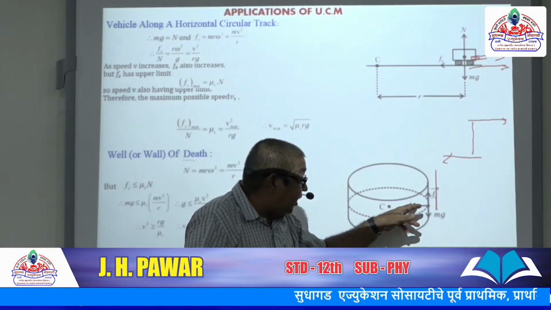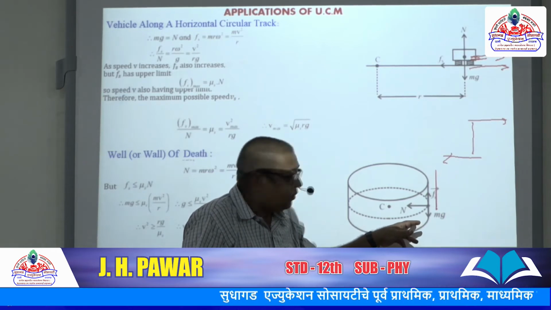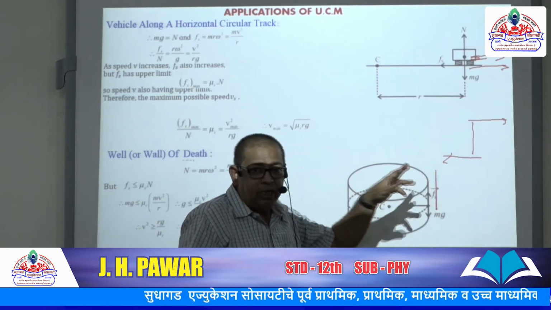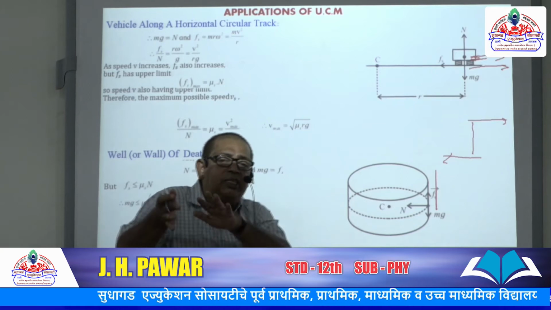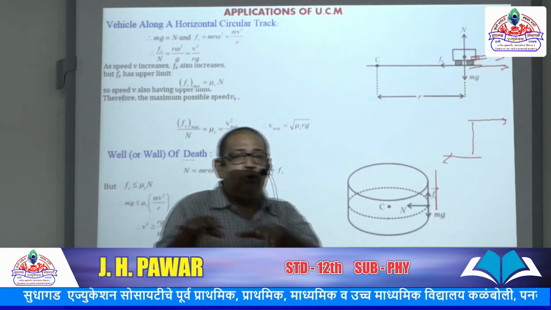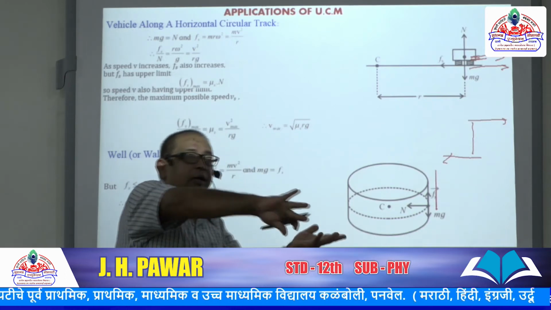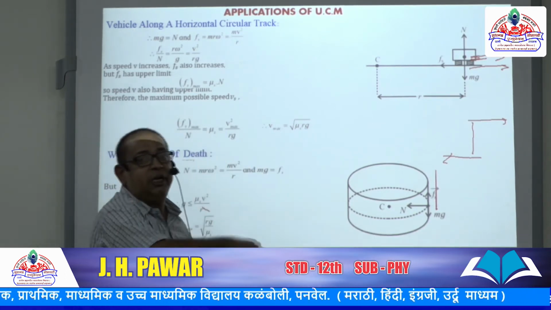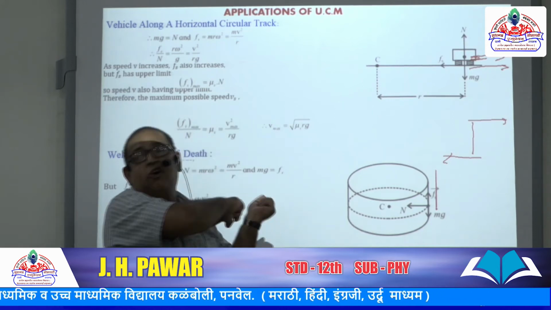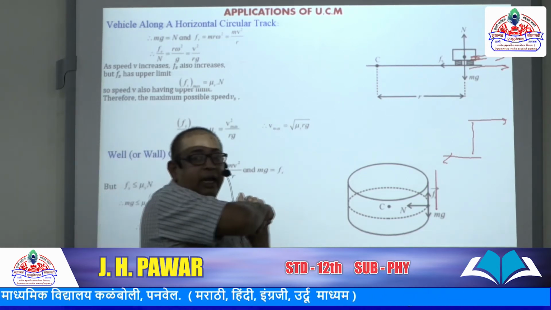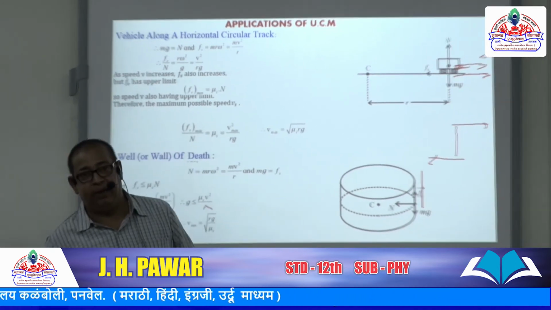Weight is acting vertically downwards from here and force of friction is upward, so there are chances of toppling or falling. So in this case, the bicycle rider does not maintain a horizontal position; he makes a certain angle with the horizontal, inclined at a suitable angle to prevent toppling.